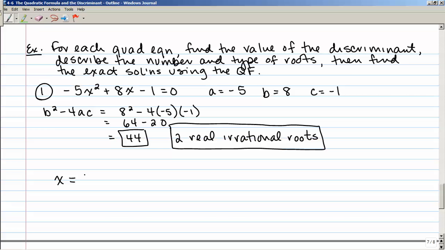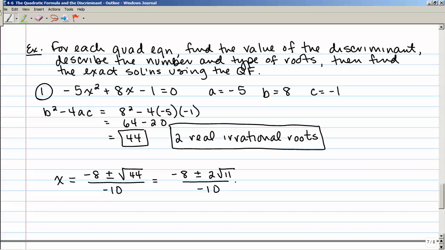So x equals negative b plus or minus. Now I already did b squared minus 4ac. That's 44. All over 2a, I can do that in my head. Negative 10. Let's simplify that. Square root of 44 is 4 and 11. The 4 will become a 2 out front. Square root of 11 over negative 10.